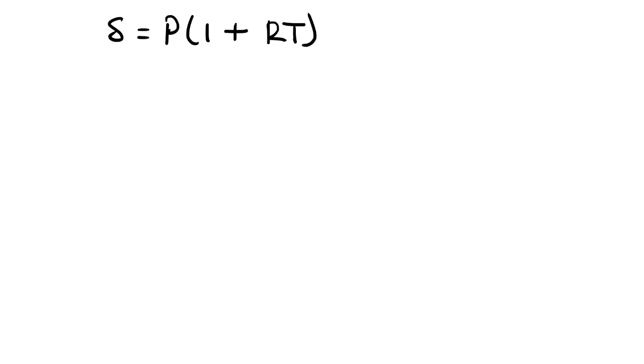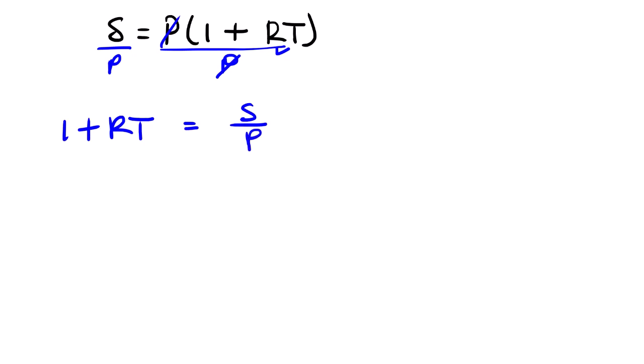But if you can work with variables, it's also fine. Let us actually use the variable method. So we are looking for this R. How do we start by solving for R? We're going to start by dividing by P both sides, so that this will get rid of this, and then we are left with 1 plus RT equals S over P.